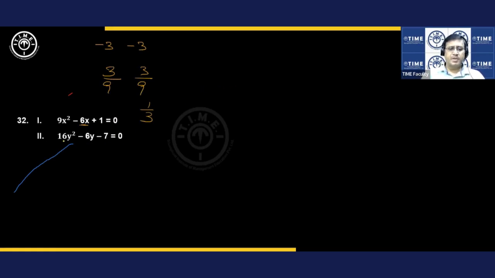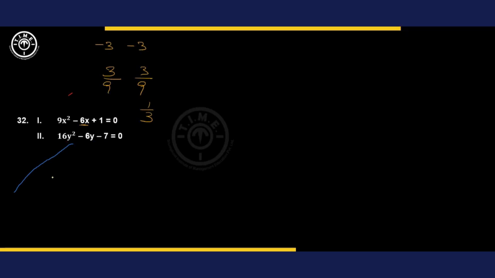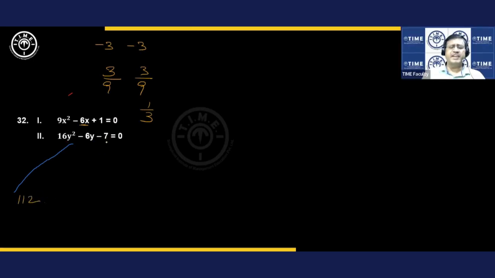Second example. 16 into 7, how much is that? 112. Express 112 as a product of two factors whose difference is equal to the middle term, because here the product is negative. So what is the result? 112 is a bigger value.